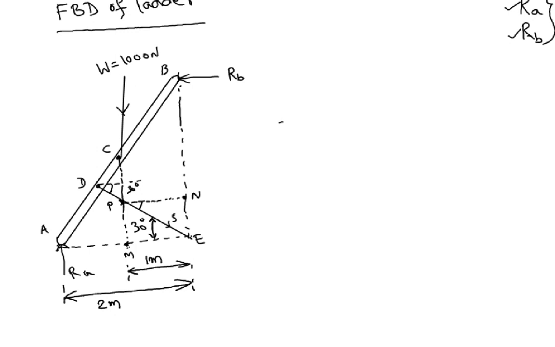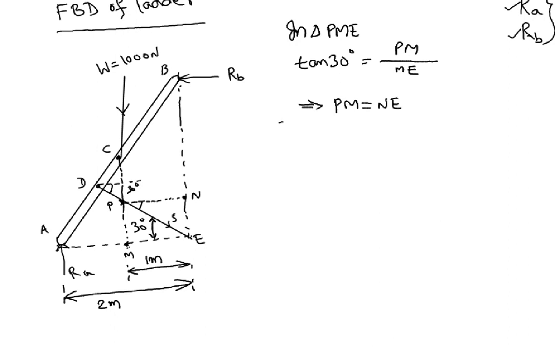We can compute two quantities. For example, in triangle PME, we have tan 30 degrees equal to PM by ME, which implies the side PM, which is equal to side NE, is equal to side ME, which we have already seen is 1 meter, multiplied by tan 30, which is 1 over root 3.